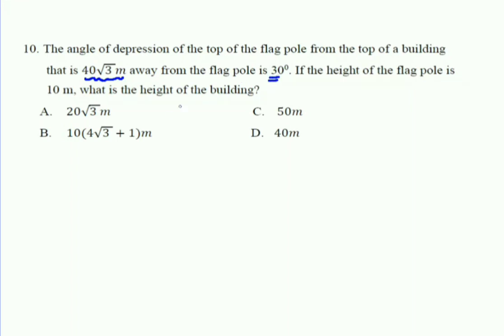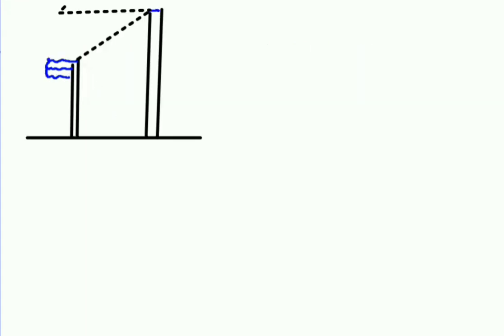So ideally the geometric representation of these word problems looks like this. So assume this is the building and this is the flagpole. So based on the information, the distance between the building and the flagpole is 40 root 3, and the angle of depression from the top of the building to the top of the flagpole is 30 degree. And the other information is the height of the flagpole is given. The required thing is the height of the building.